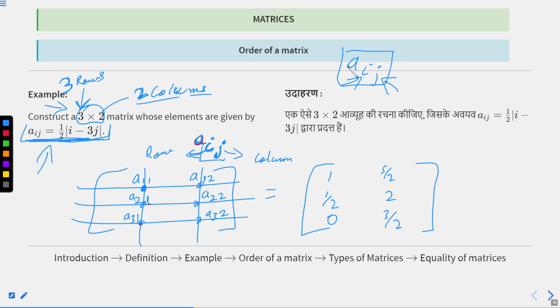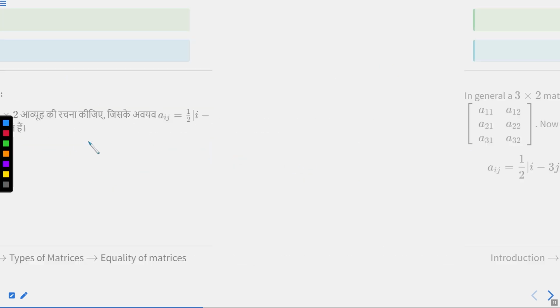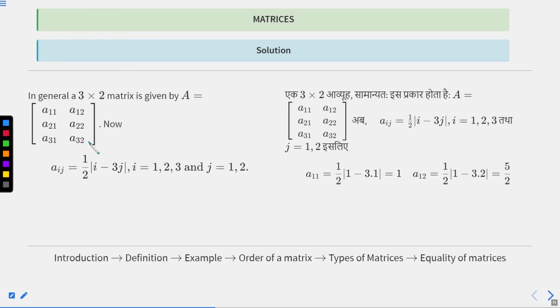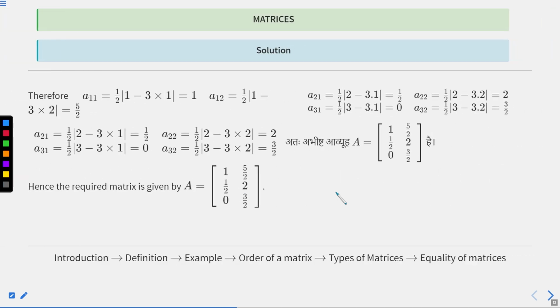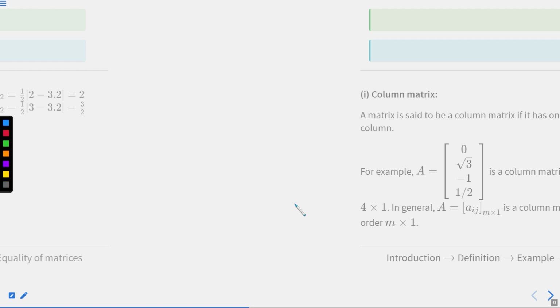I hope that it is clear to you. So your final 3 cross 2 matrix will look like this, which satisfies the given information. Okay, let us move next.